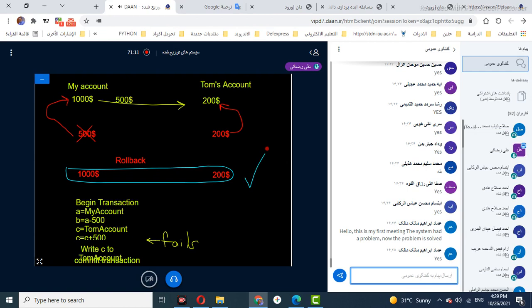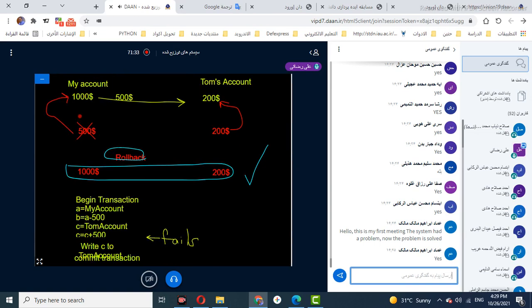Okay? This is what rollback means. So when a transaction fails in between its operations, the system will roll back to the previously known correct situation, or the correct word is status.